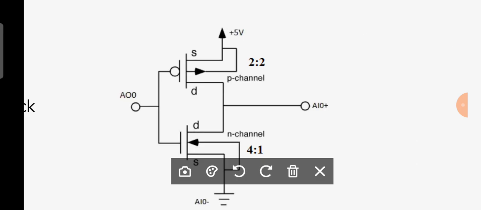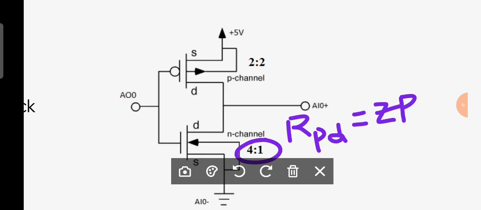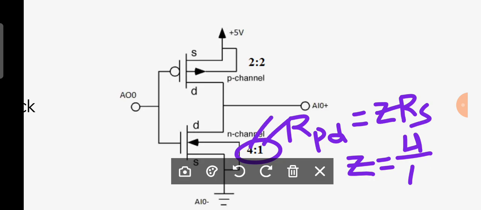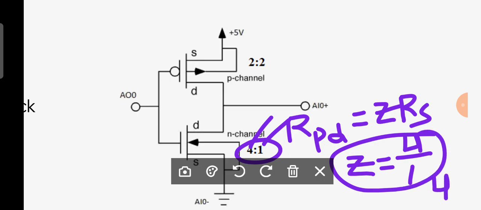Similarly, if you observe for the NMOS transistor, R pull down is equal to Z into RS. What is Z? That is 4 divided by 1. Why? Because length is 4, width is 1. Then Z is equal to 4 is to 1, which is equal to 4.